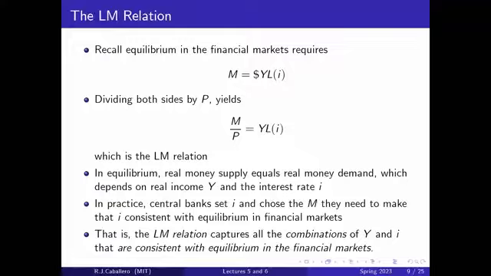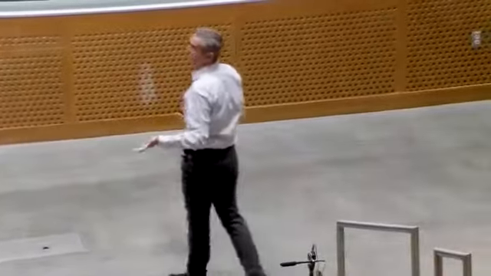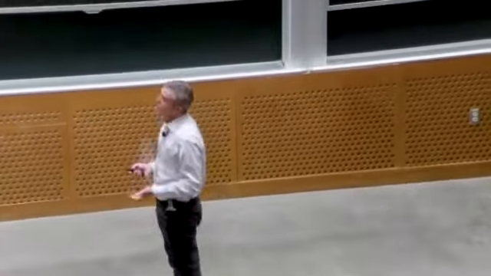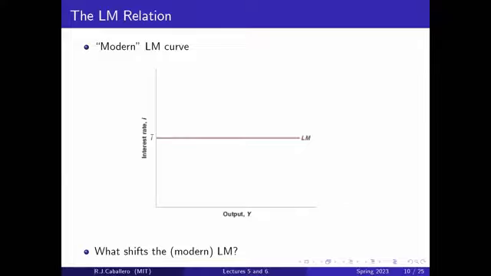The LM relationship, we already described it, is equilibrium in financial markets, but we said the way monetary policy is conducted is that the Fed sets the interest rate, and then money is whatever the market needs in order for that to be the equilibrium interest rate. So the modern LM, if you will, is horizontal. It's like that.